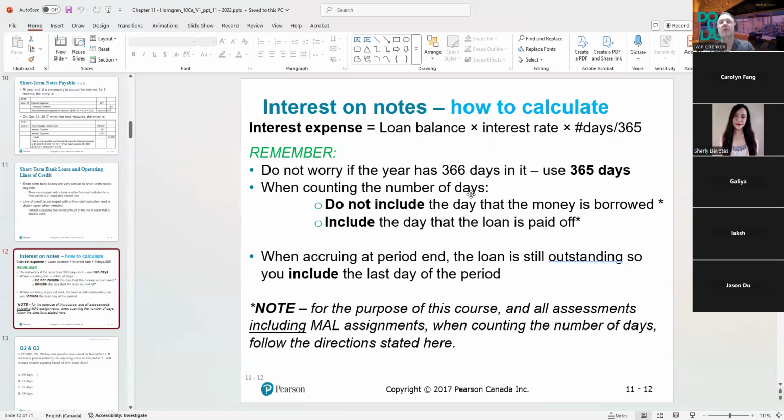That will be only for the purpose of assignments. So when you're accruing at the period end, always include the last day of the period. That's all I want you to remember.